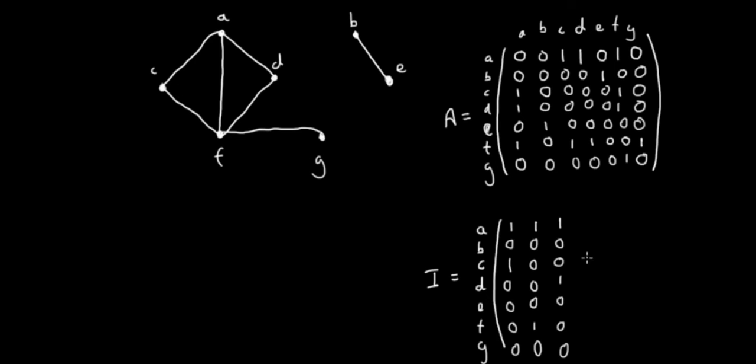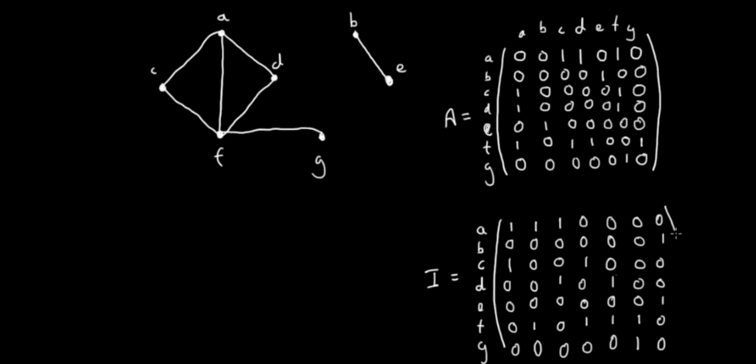Okay, C to F, so I have 1 next to C, 1 next to F, zeros elsewhere. So F, G, so 1s next to F and G, zeros elsewhere. And finally B to E, so a 1 next to B, and a 1 next to E, and zeros elsewhere.